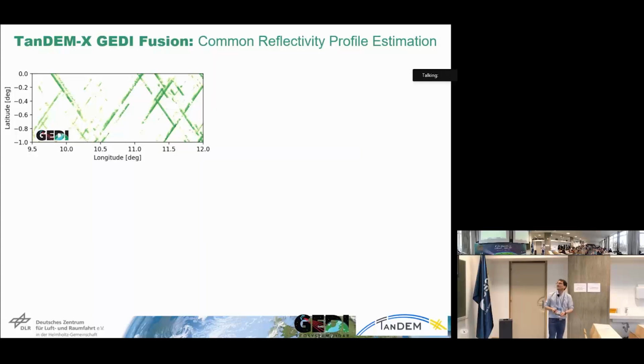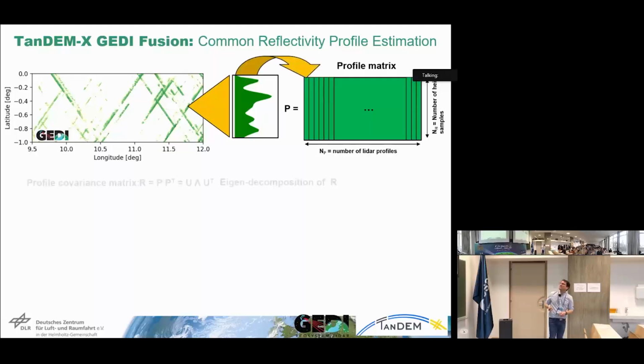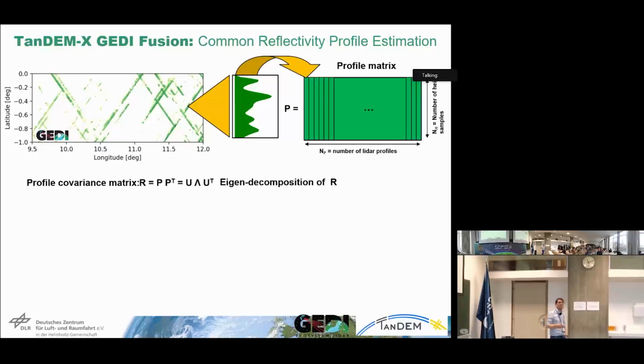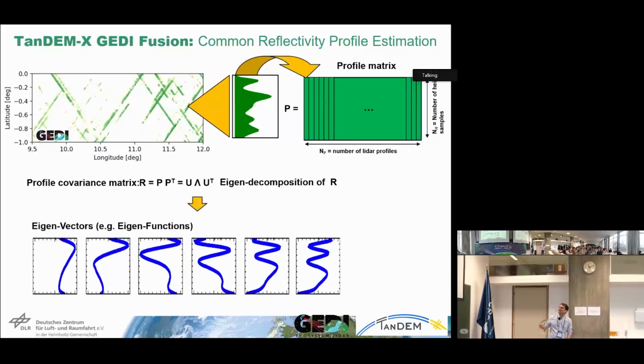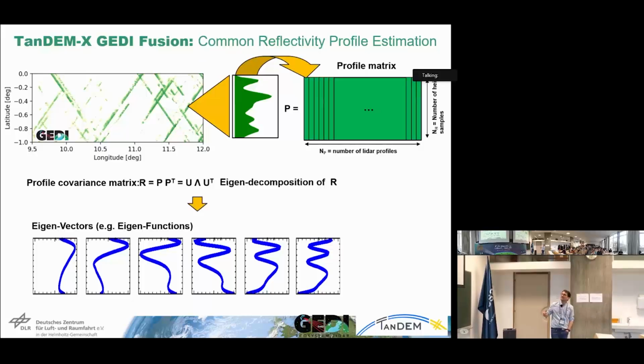So you need somehow to bridge this sampling difference. Again, a bit of fantasy. We take all the footprints in one TanDEM-X scene. We take all the profiles, put them together, and make a matrix. Again, we make an eigenvalue, eigenvector decomposition. It's a sort of principal component analysis. So you find among all these profiles a set of profiles. You have the first profile, which is the one that is most representative for all the profiles here.